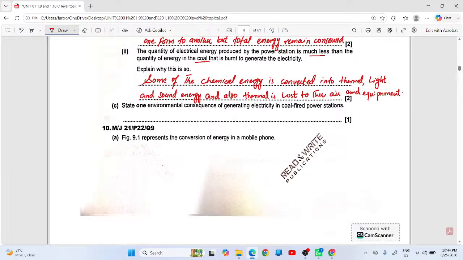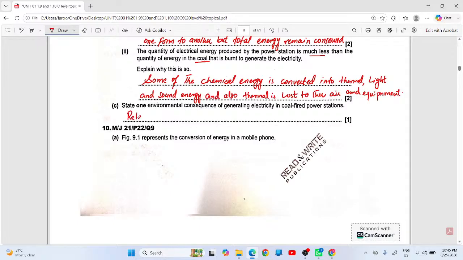State one environmental consequence of generating electricity in a coal-fired power station. क्या हो सकता है? सर वो ग्रीन हाउस गैसेस would be produced.